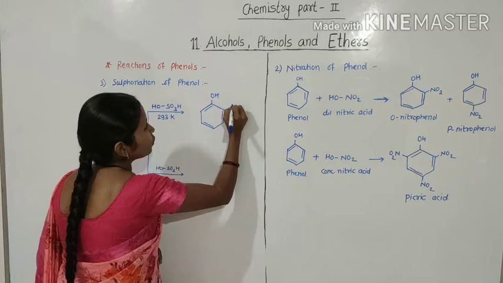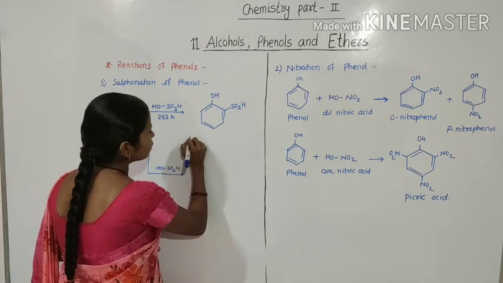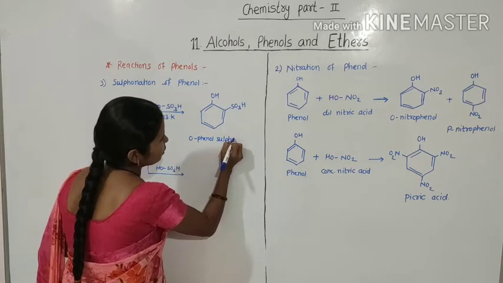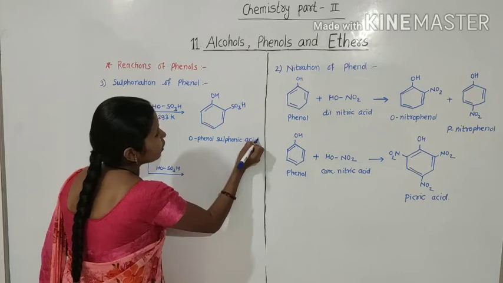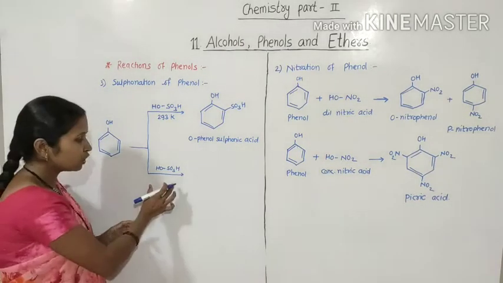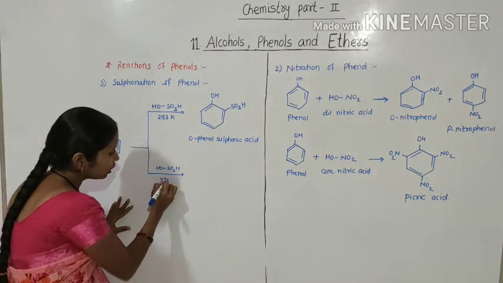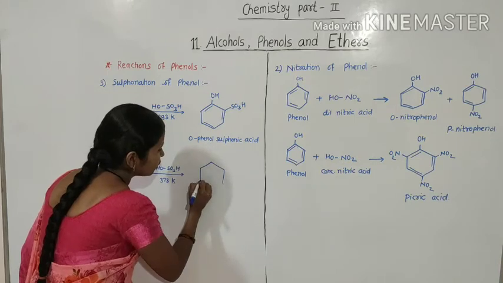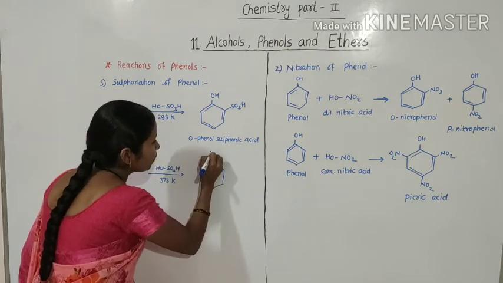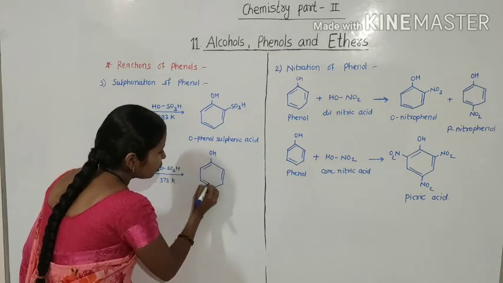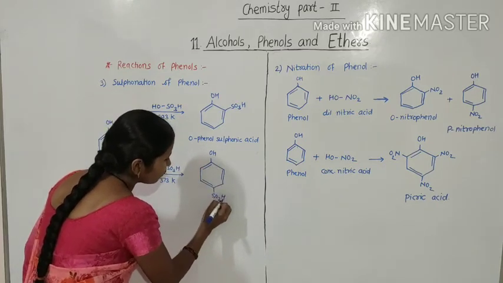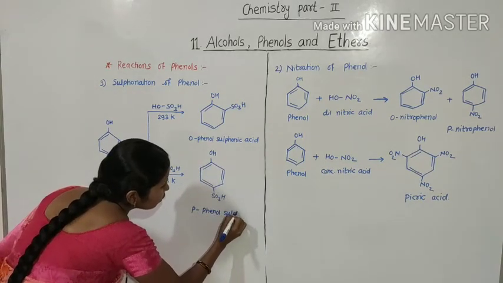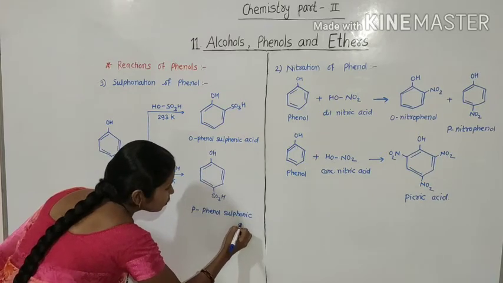And phenol reacts with sulfuric acid at 373 Kelvin to form paraphenol sulfonic acid.